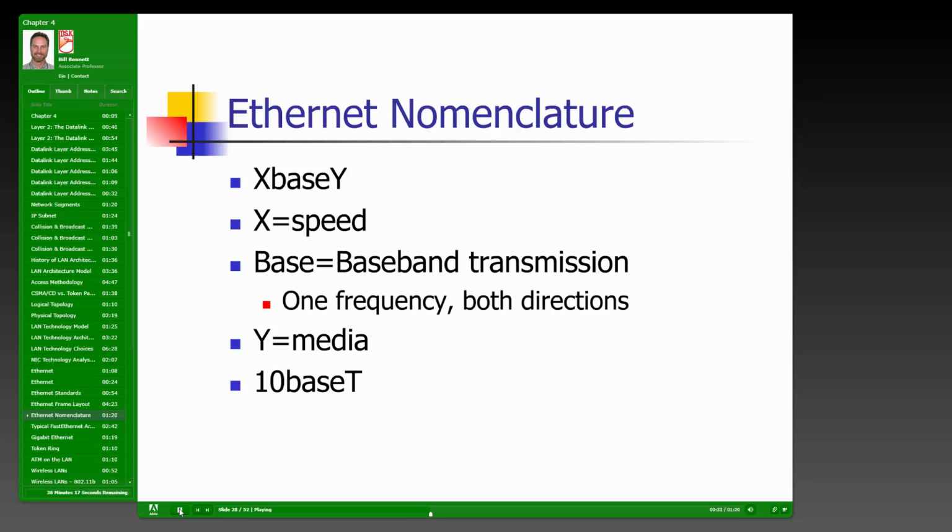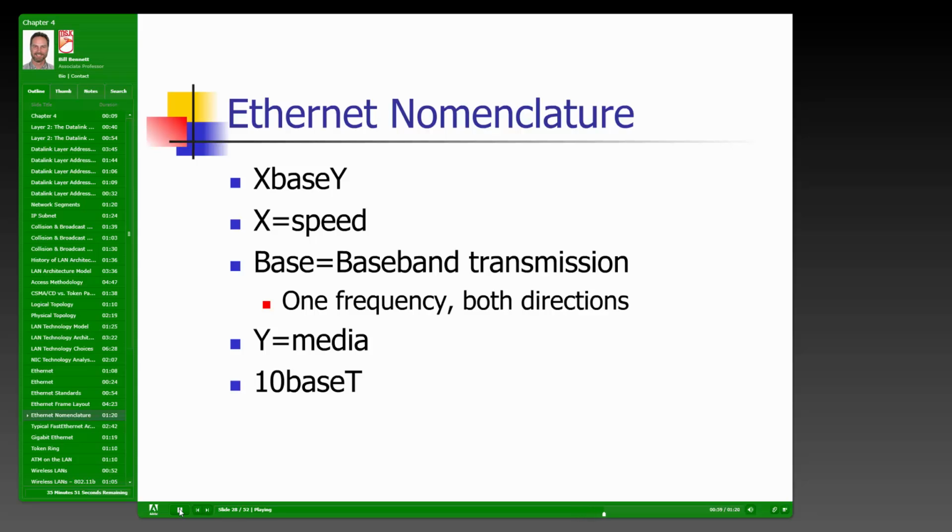You have 2 types of transmission, baseband and broadband. Broadband is very much like your cable television. You have multiple frequencies that travel in one direction. In baseband, you only have one frequency, and it travels in both directions on the media simultaneously. So that's what the red bullet tells you there, one frequency traveling in both directions simultaneously.